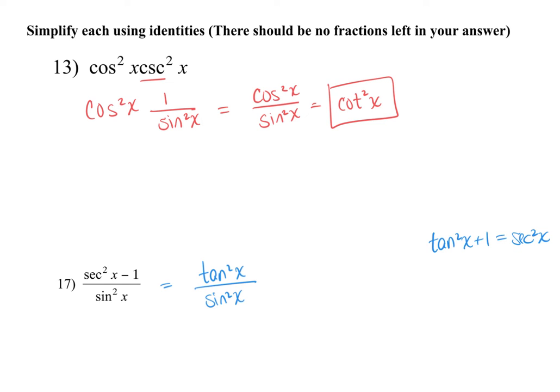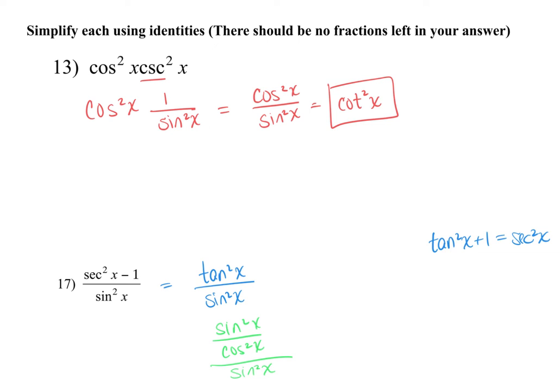right? And then I can rewrite this guy. I would rewrite my tangent as like a sine over cosine. So I have sine squared of x over cosine squared of x divided by sine squared of x. If I were to flip that particular guy, then I'm going to get times 1 over, right?